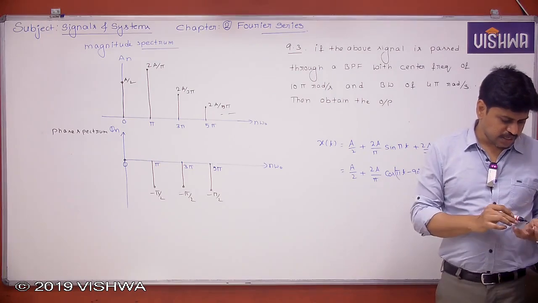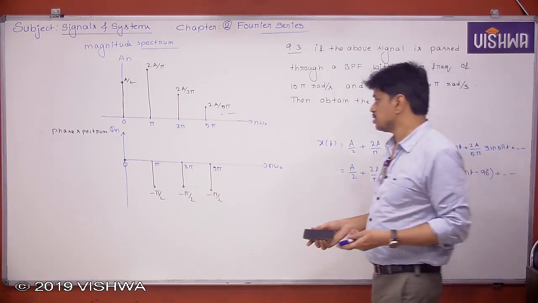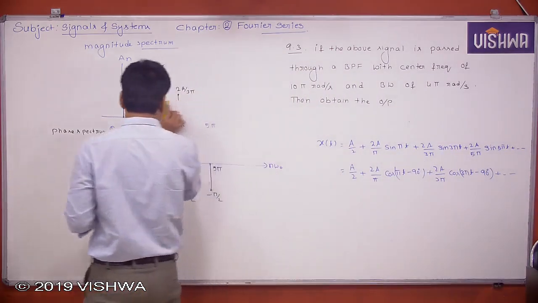So this signal is passed through a band pass filter with a center frequency like that. Then what is the output?